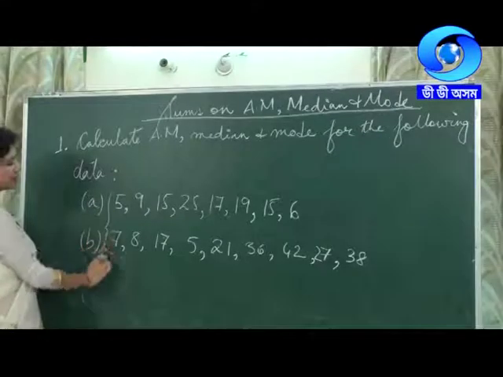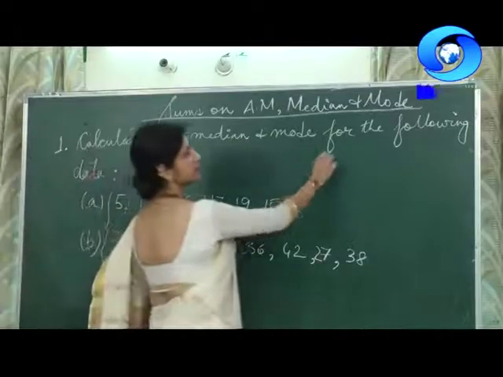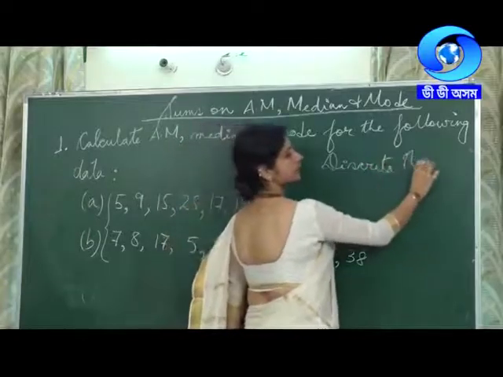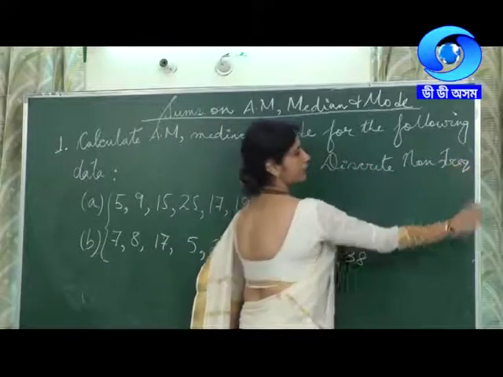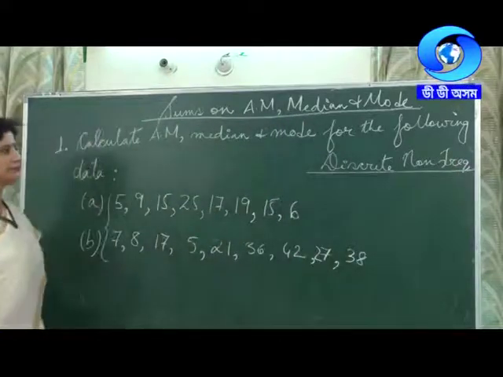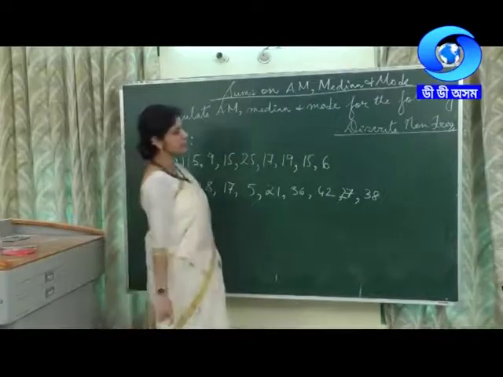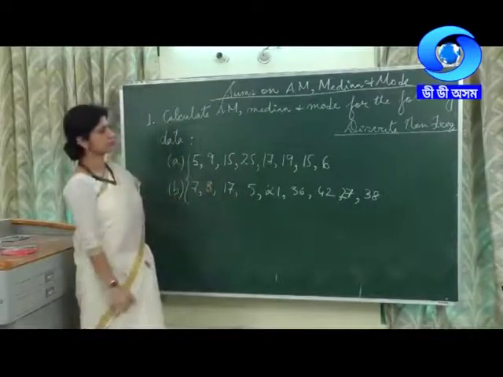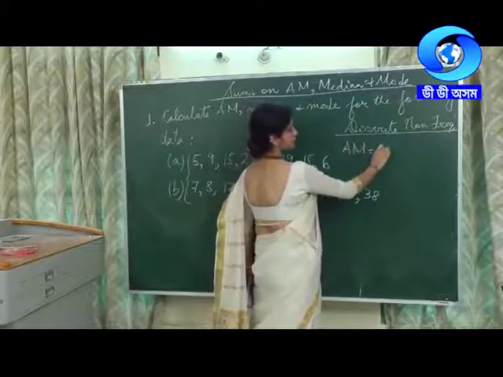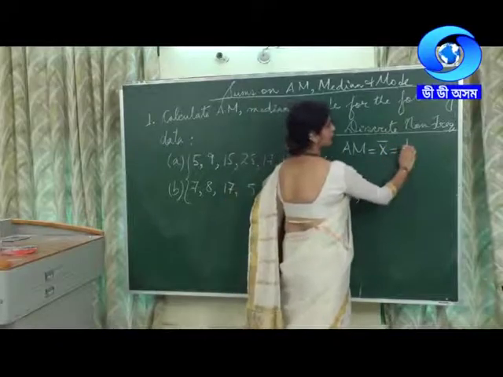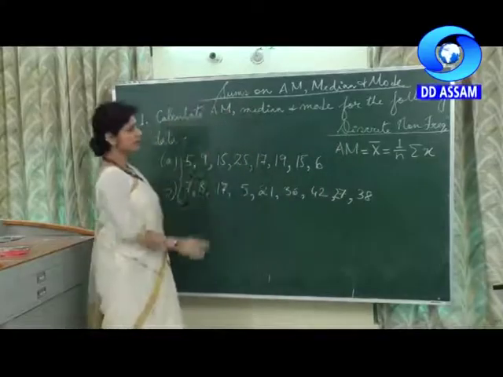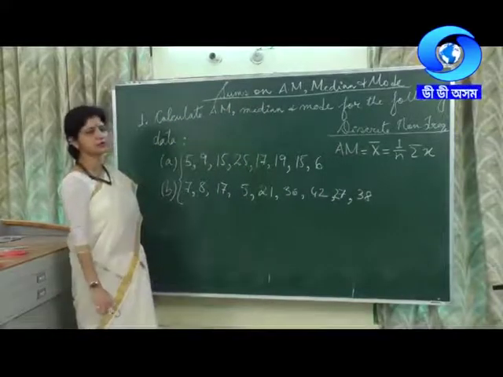So both these series are discrete non-frequency distribution. All right. So for finding arithmetic mean in such kind of a distribution, what was the formula? Arithmetic mean x bar is equal to 1 by n summation x. Yes, for a discrete series, if you do not make the table, that is fine.